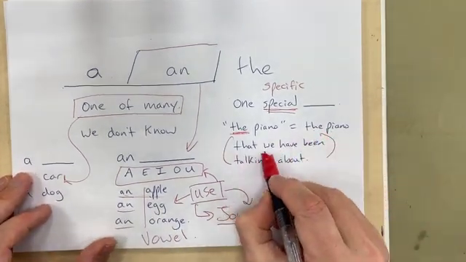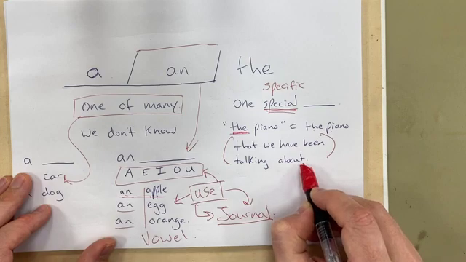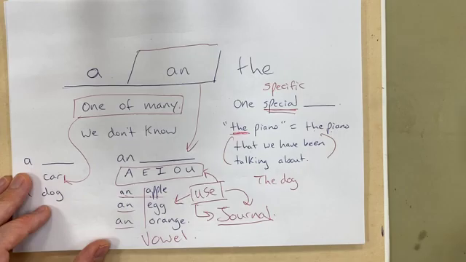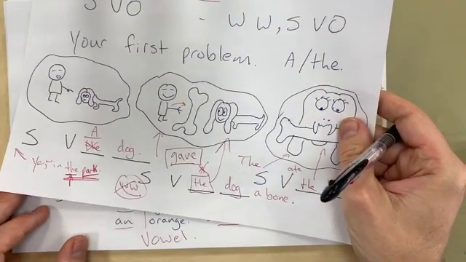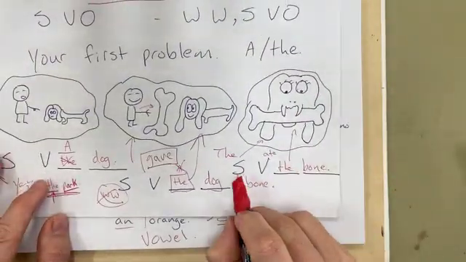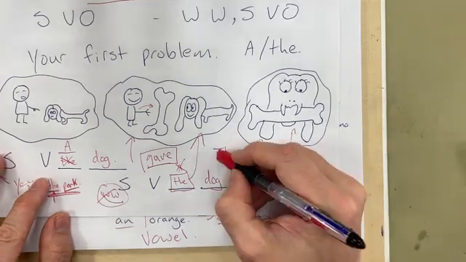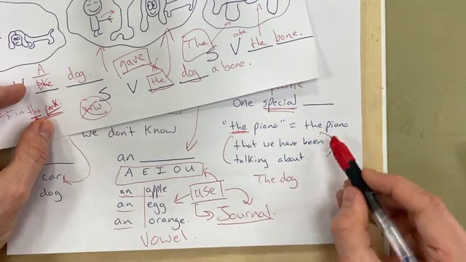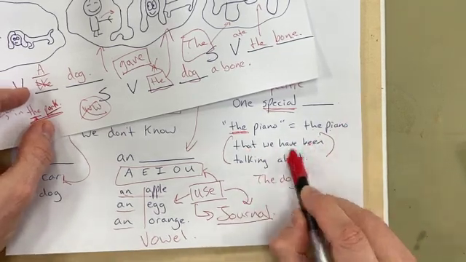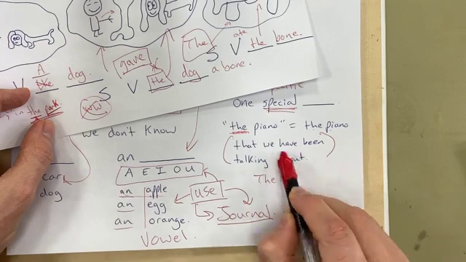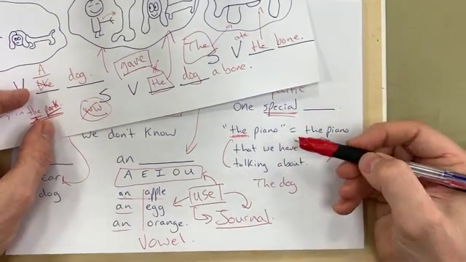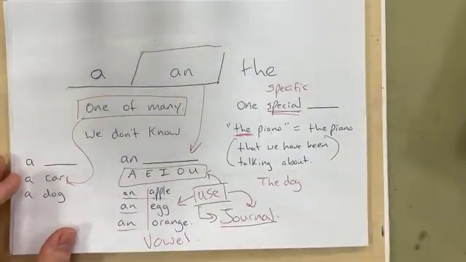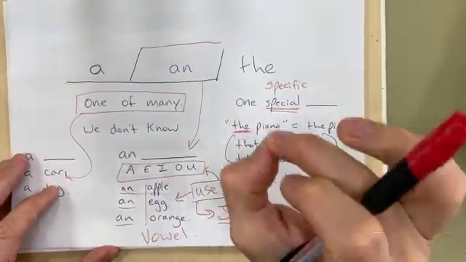The piano that we have been talking about. So it's like saying the dog in our story here. When we say the dog ate the bone, the dog actually means the dog, here we have piano, that we have been talking about. That meaning is in there, we just don't say it. Okay, we know this piano when we say the. Okay, we know the dog, the specific dog.